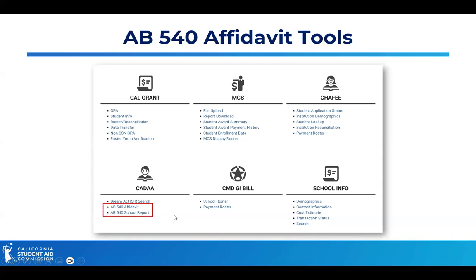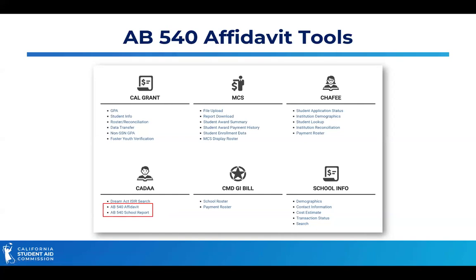So these are the screens that you have available to you under the DREAM Act section. The two newest screens are right here, right? So in years past, the AB 540 affidavit was a separate document that was collected by each campus. But now the DREAM Act application has that affidavit built in.